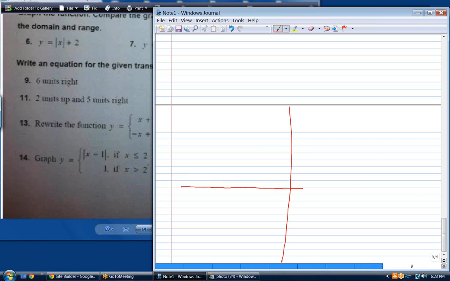Help me graph this. I'm going to start on the top line. Whenever x is less than or equal to 2, there's 2, my function is absolute value of x minus 1.